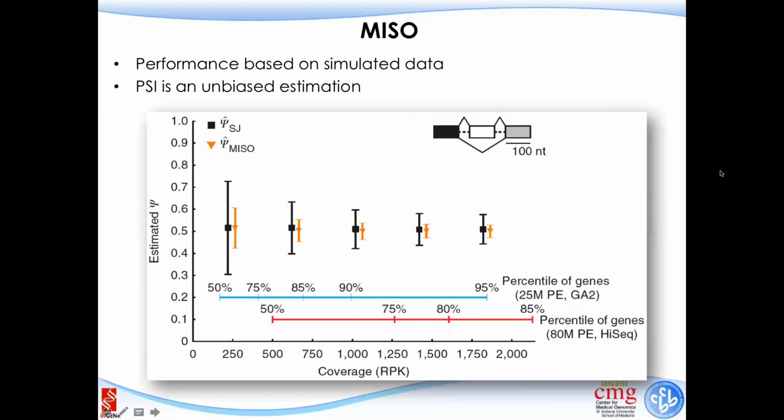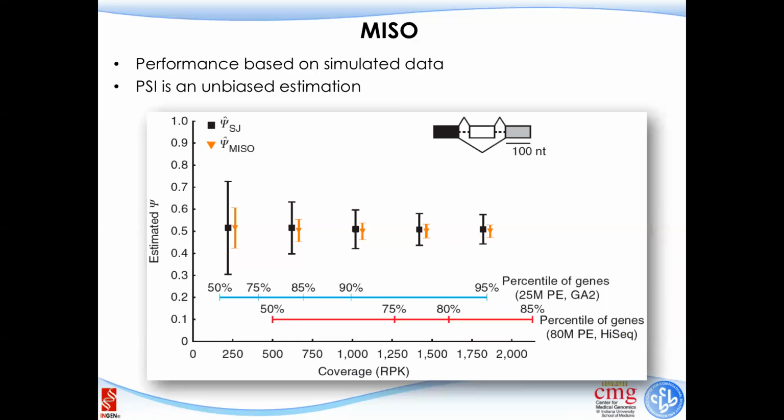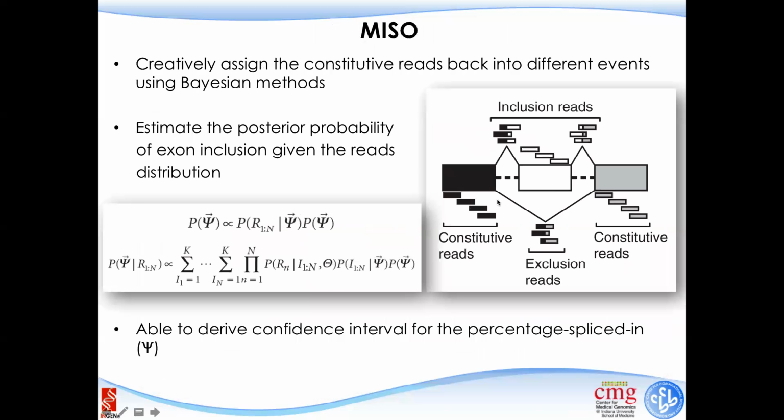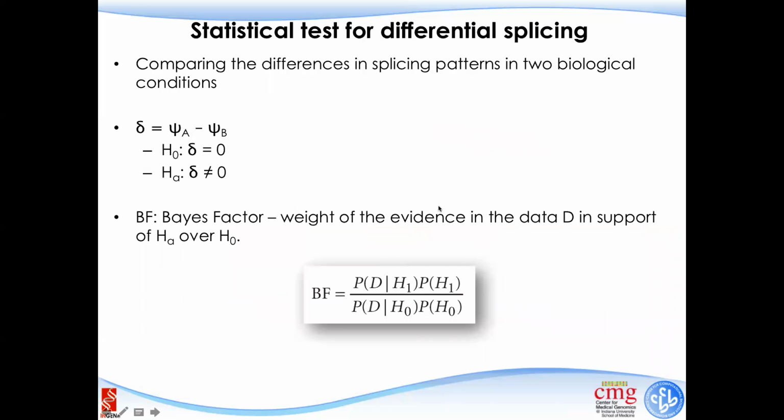This is the performance on the simulated data, and they found that PSI is an unbiased estimation method. Also with this framework, downstream we can conduct a statistical test of differential splicing.